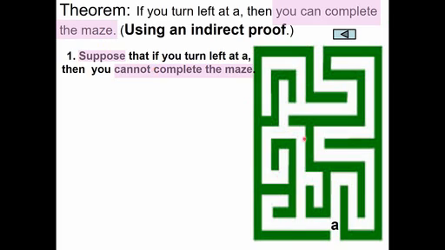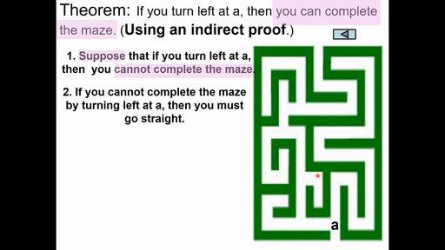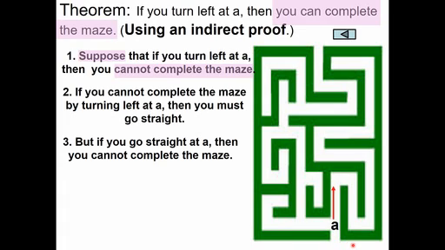All right, now we're into syllogism again. If you can't complete the maze by turning left at A, then we must go straight. Well, that's what it looks like down here. If we can't go left, the only other option is to go straight. But if you go straight at A, then you cannot complete the maze. It's pretty clear from the picture.